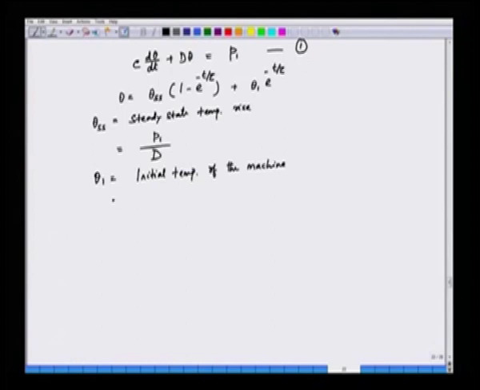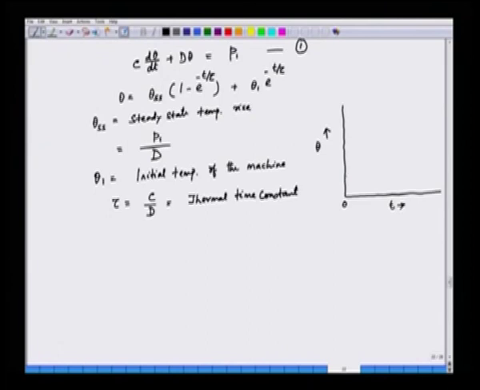And what is tau? Tau is equal to C by D, and that is called thermal time constant. So, if we plot this theta against time, t is in the x axis and theta is in the y axis.